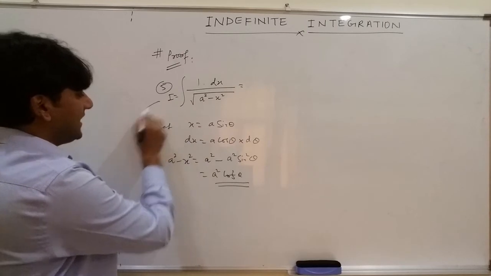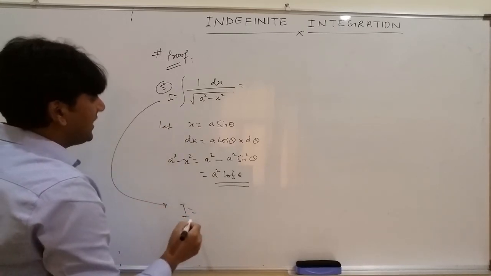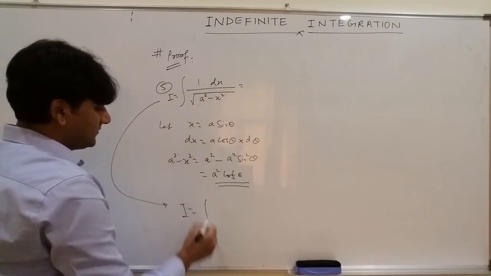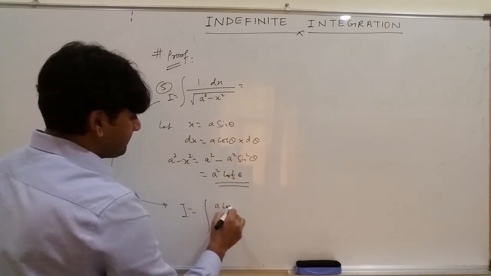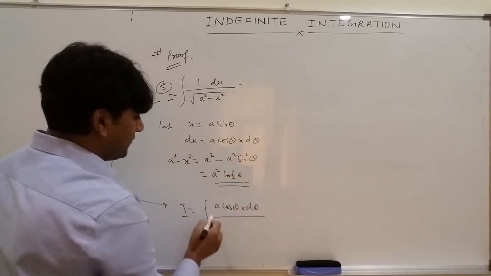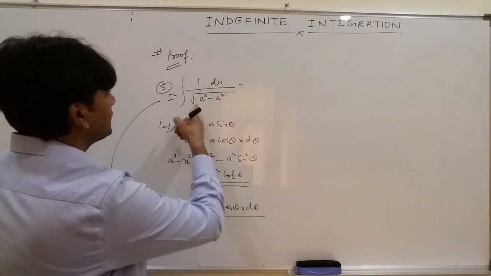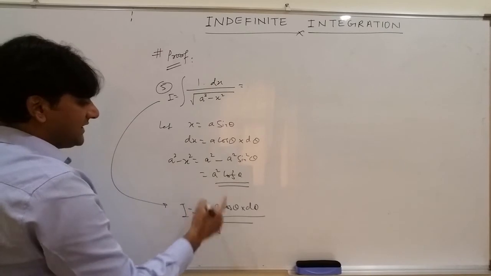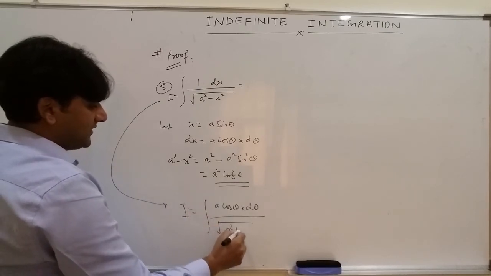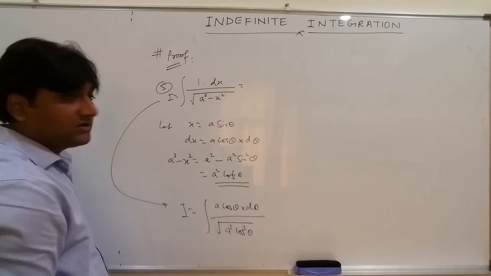We can consider this I. Now I equals dx as a cos theta d theta over root a square minus x square, which I have solved already, a square cos square theta.